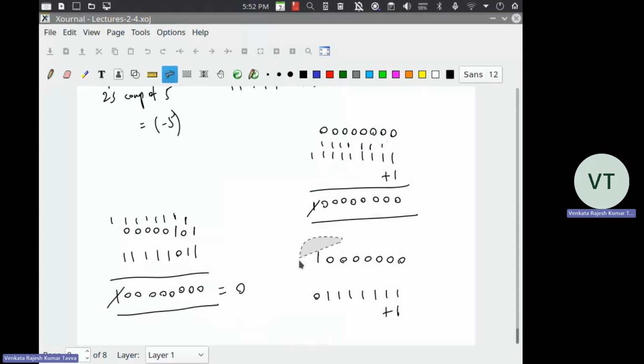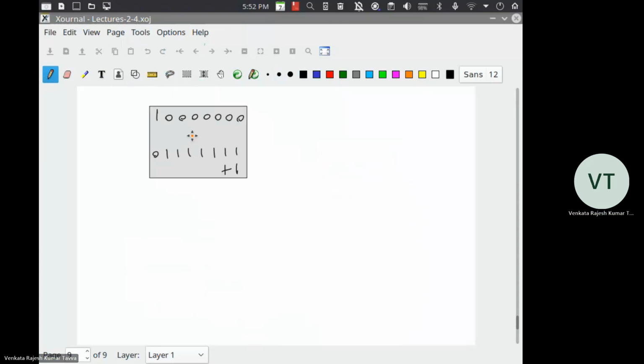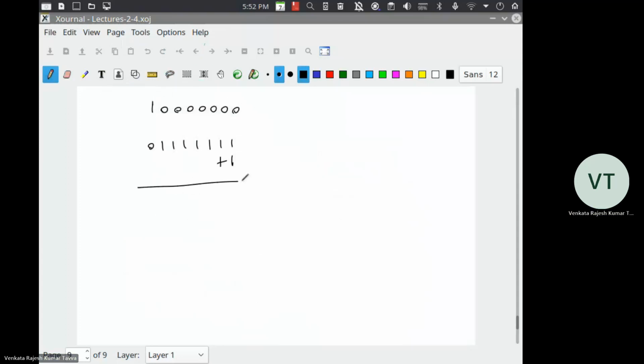Let me use the next page. Again 1 plus 1, 1 0, 1 plus 1, 1 0, and so on. I'll get a carry. Here it will be 0, 0, 0, 0, 0, and 1. Again, this is identical to the input.